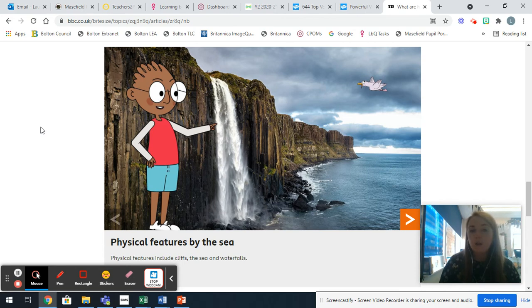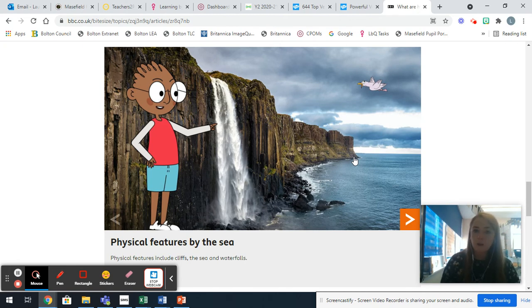Vegetation is a physical feature. So although we might plant some trees and things like that, naturally they will grow on their own. They don't need people to look after them as such when they're wild and they're overgrown. And even in this picture you can see on the screen, there's vegetation up there. That's not been put there by people. Okay, so vegetation is a physical feature. A harbour is a human feature. A shop is a human feature.